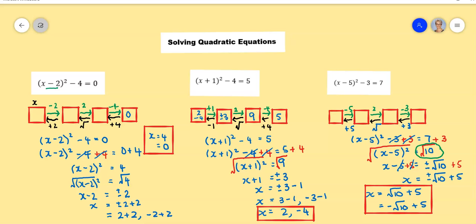If I wanted to, I could also come up with an approximate answer, which would be using decimal points, 3.16 plus 5. The next answer would be negative 3.16 plus 5. Now to work that out, I'll write my answers up here. So 5 plus 3.16 is equal to 8.16.